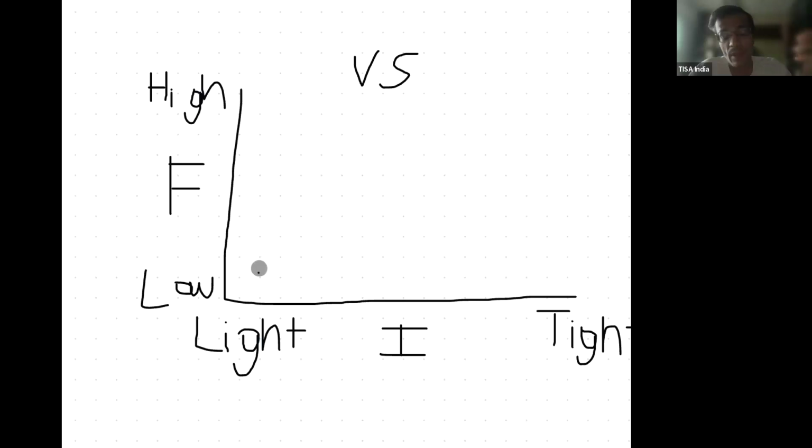Now I'll move to light and low. So light stammering looks something like this. It's very light tension. Light voluntary stammering is like bouncing, or you can also do prolongation.